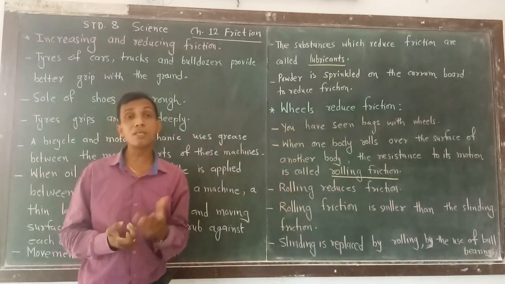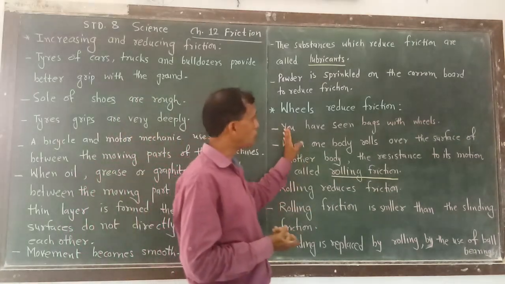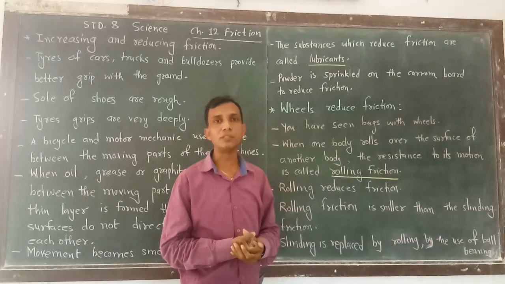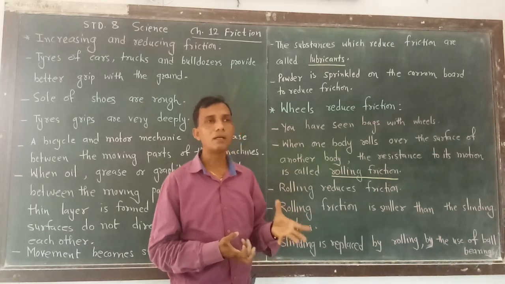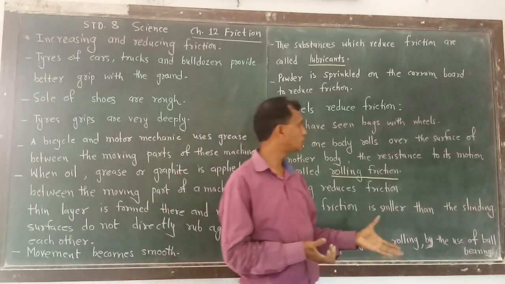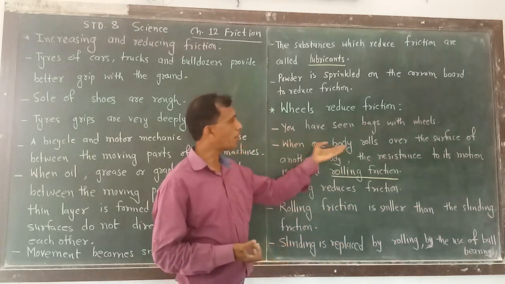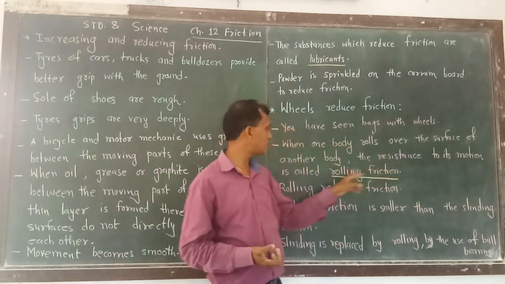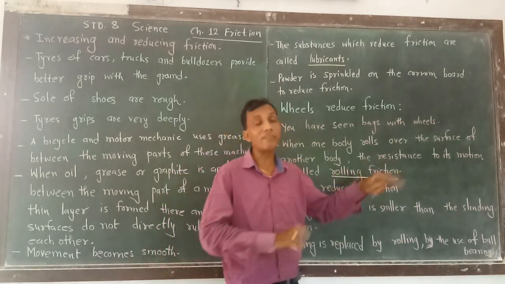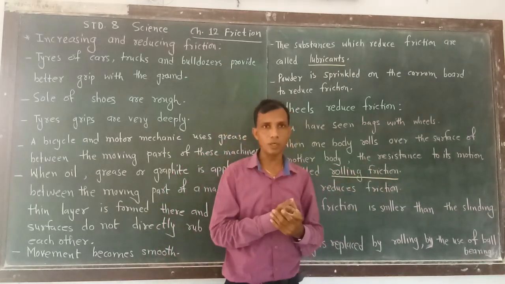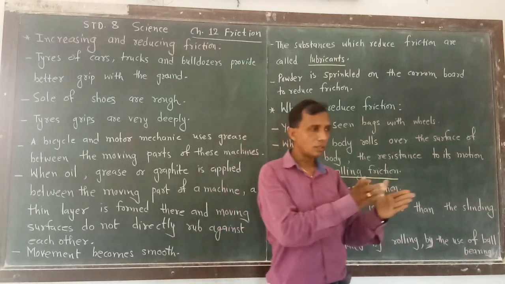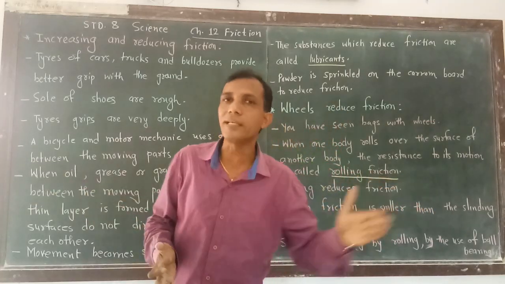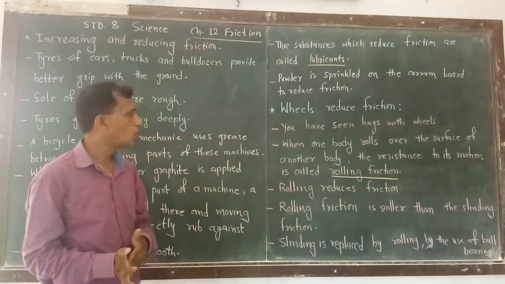So it reduces the friction between the surface of the bag and the road surface. When one body rolls over the surface of another body, the resistance to its motion is called rolling friction. The wheels roll, and the bag can be moved from one place to another easily.